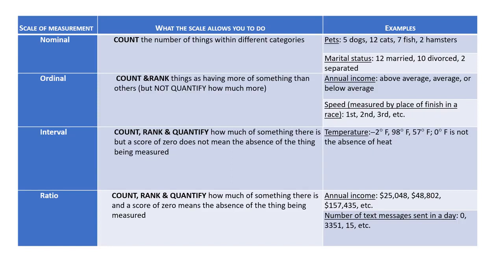Now, interval is the next step up in precision. It and ratio allow you to count, rank, and quantify. So it allows you to identify how much more of something one value is than another value. Temperature in Fahrenheit is a good example of an interval scale of measurement.